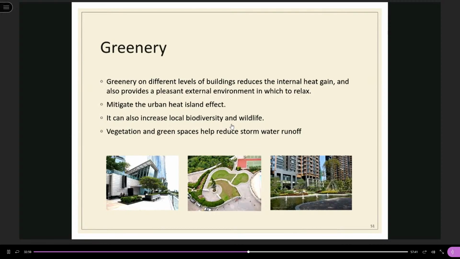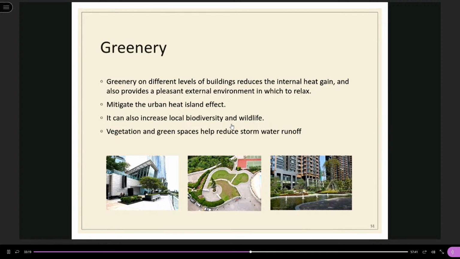And apart from mitigating the urban heat island effect, these plants, the trees, the greenery can also increase the local biodiversity and wildlife. So green provides a home for the birds and the insects and other living things.